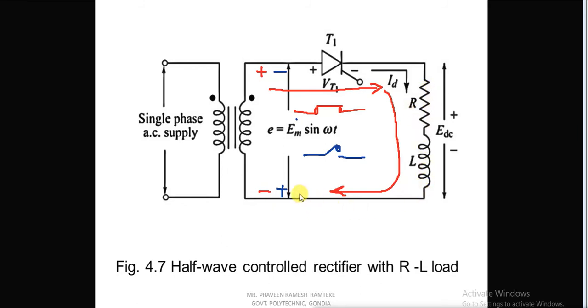Okay, the circuit working is very simple. During the positive half cycle, the SCR is forward biased, and current will flow through the SCR, RL, and back to the neutral. During the negative half cycle, the SCR will not be forward biased, it is reverse biased, and it will act as an off switch or open switch.